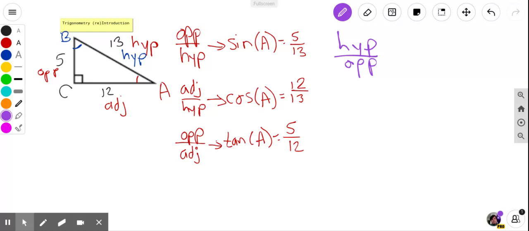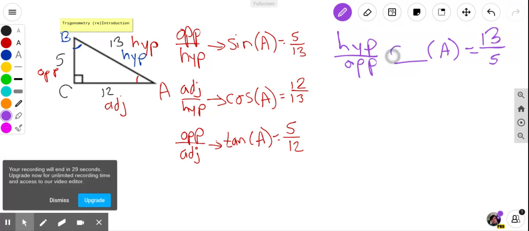In this instance, I would have 13 over 5. And I know I'm talking about angle A. But let's give this trig ratio a name. So if instead of opposite over hypotenuse, I did hypotenuse over opposite, then I would call that cosecant of A.